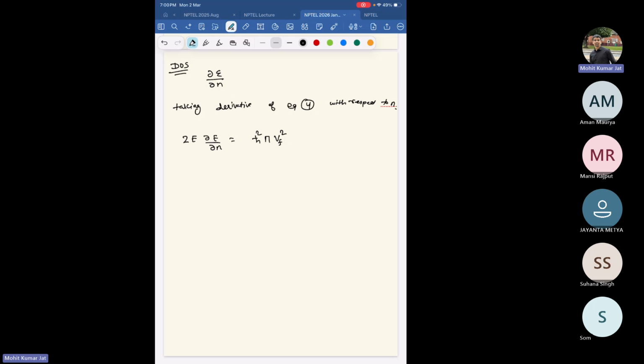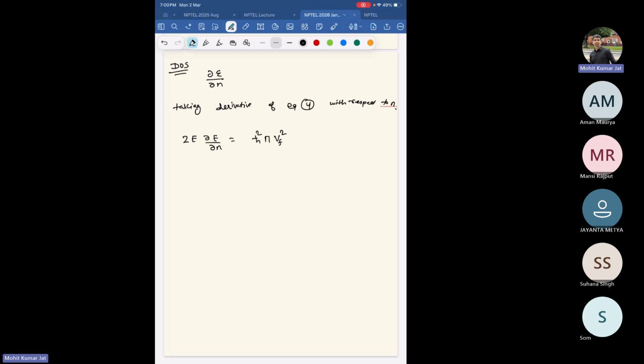One second, I'll just check one thing. I think I quoted the density of state slightly wrong. It should be del n by del E and not del E by del N, as far as I now remember.